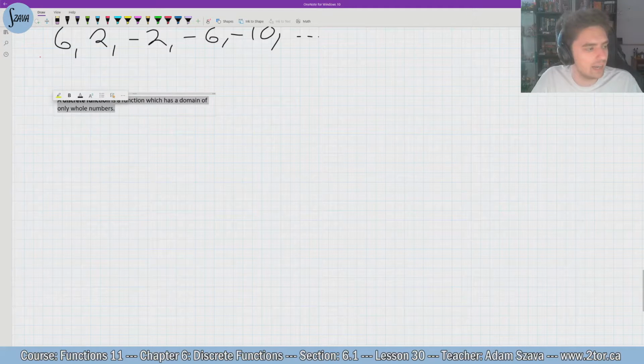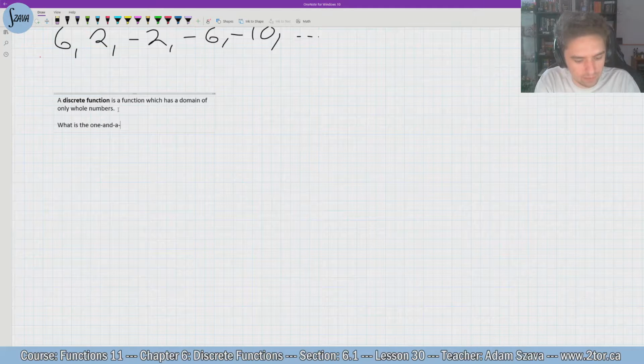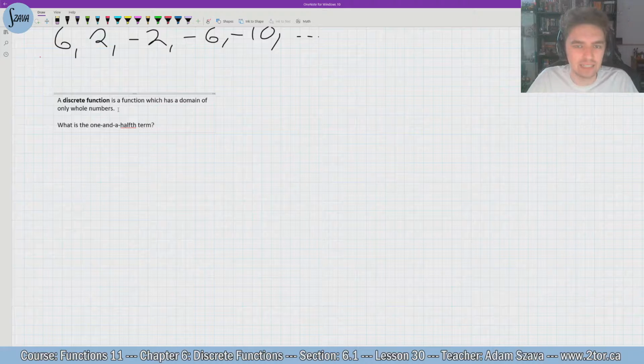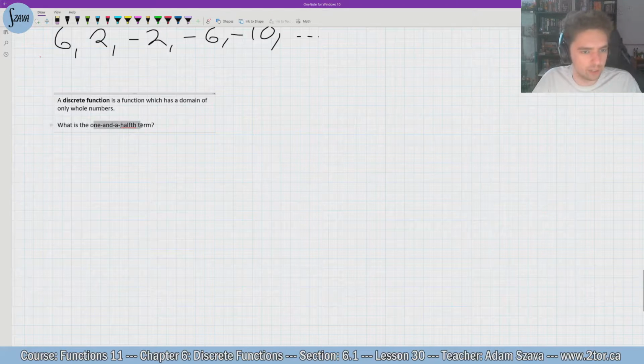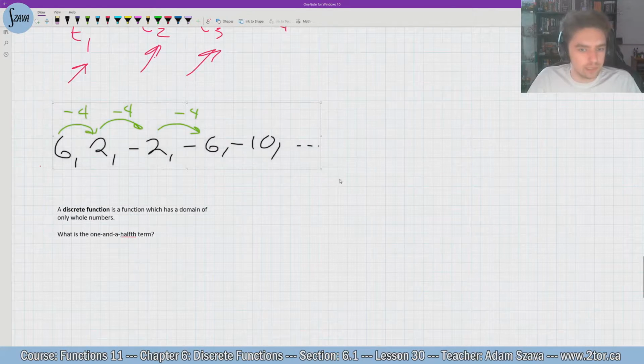The domain of that kind of function is only whole numbers, because it does not make sense to ask what the 1 and a half term is. We just don't ask that in sequences because there is no 1.5 term. So the function that defines a sequence is discrete.